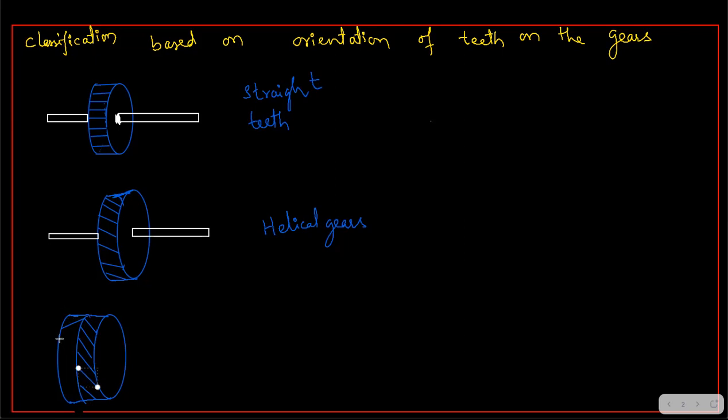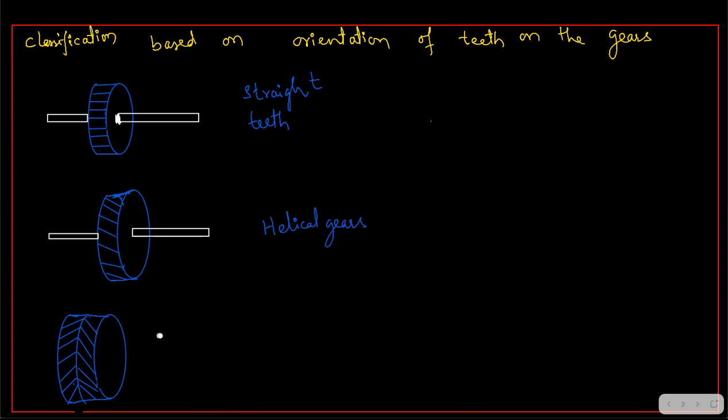So similar to that, we have mirror image on this side. This is the mirror image. So this type of gear is called a double helical gear. Or herringbone gear. It has two names, double helical or herringbone gear.